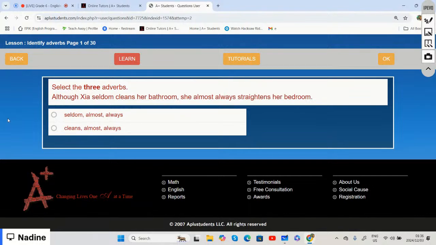So is it option one, where we say that our three adverbs are seldom, almost, or always? Or is it cleans, almost, always? We need to select.